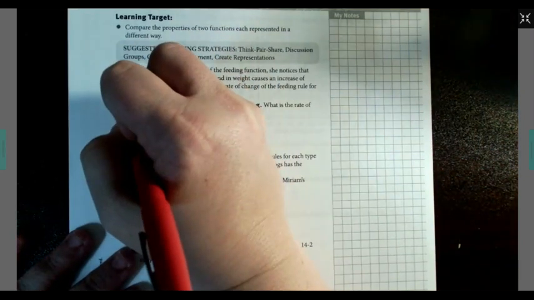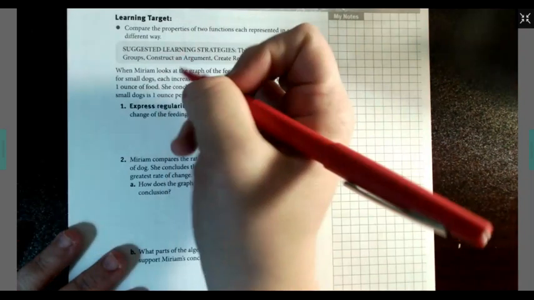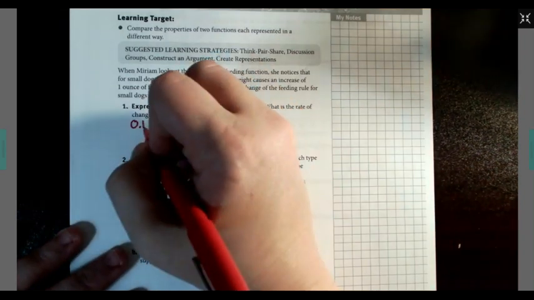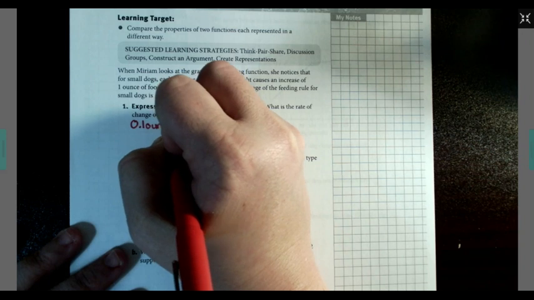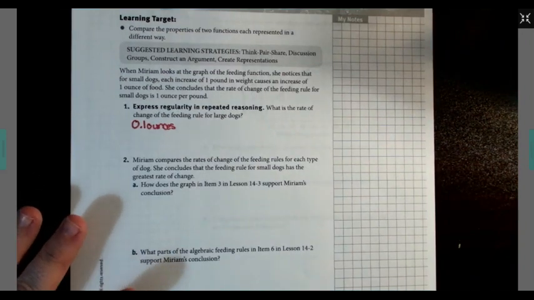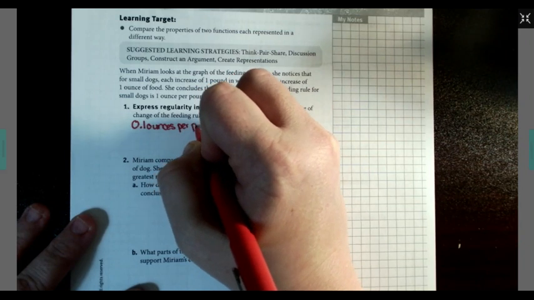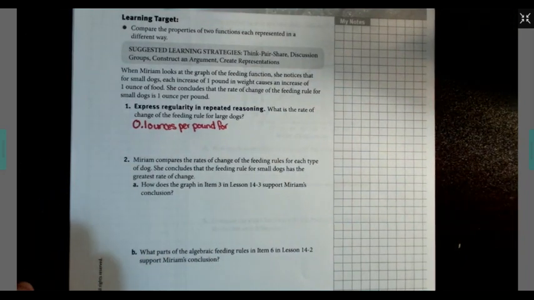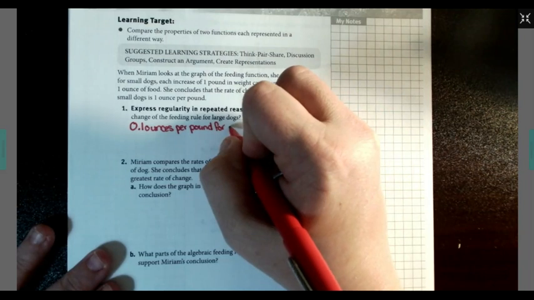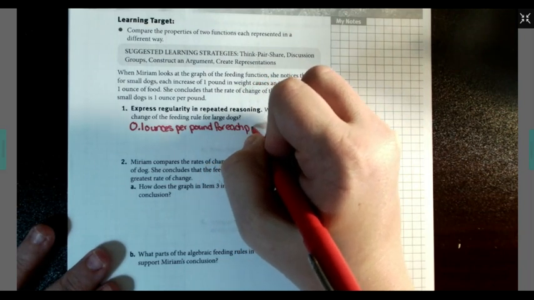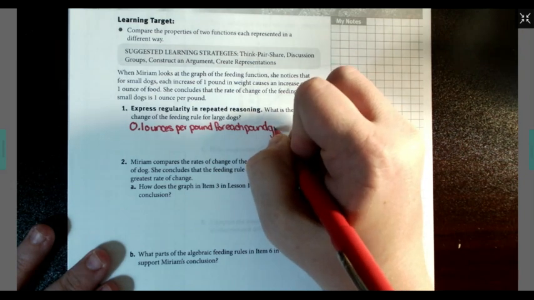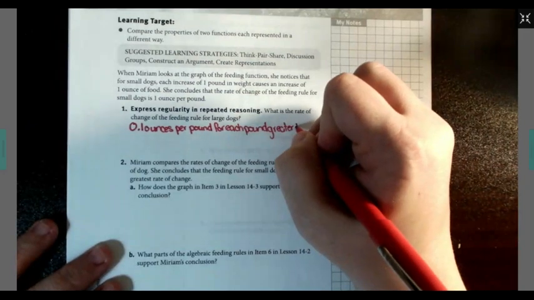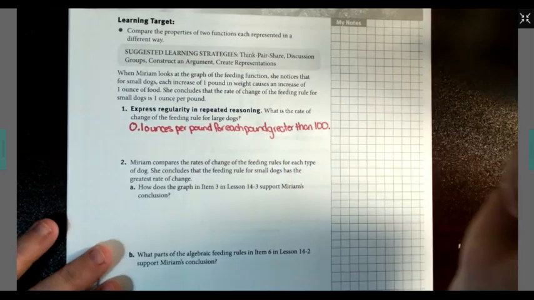Well, if you recall from our previous lessons, it is 0.1 ounces per pound for each pound greater than 100.